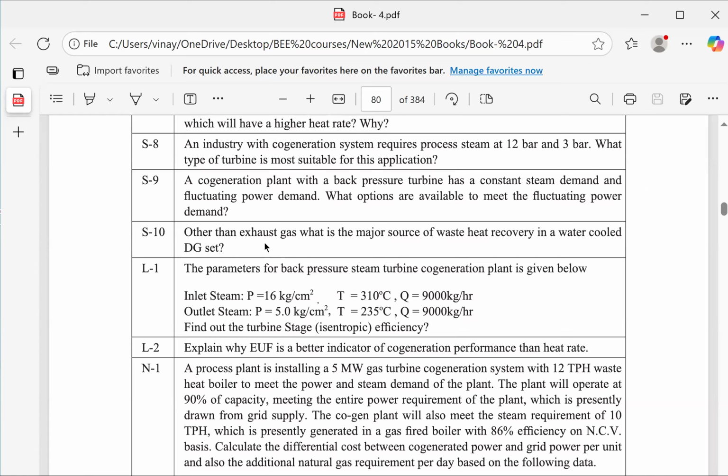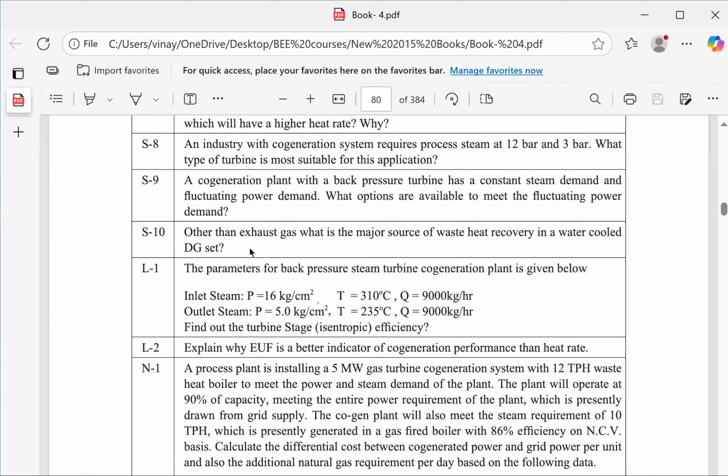Then other than exhaust gas, what is the major source of waste heat recovery in a water cooled DG set? Simple. In a water cooled DG set, they are using water for cooling the jacket of the IC engine, isn't it? The jacket cooling is done by water. Secondly, there is also another cooler for cooling your lubricating oil, right?